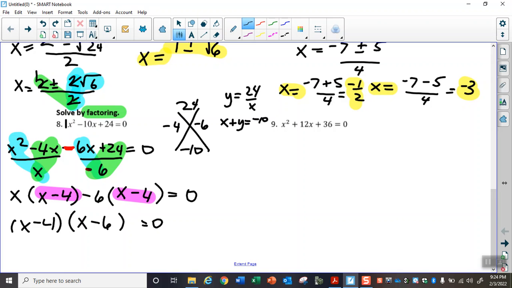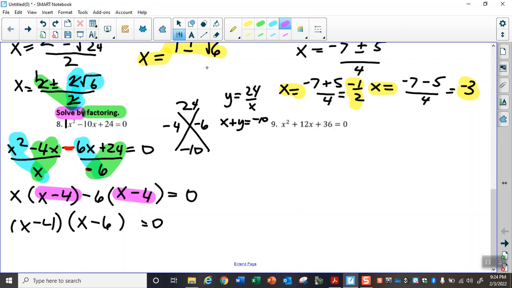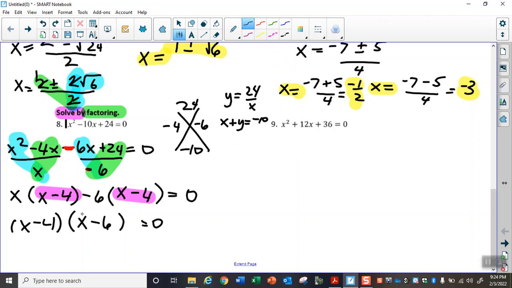So that's factoring. Now what I have to do, because I'm not just factoring, I'm actually solving, is set each one of these equal to 0. So either x minus 4 equals 0 or x minus 6 equals 0. Right, my zero product property.